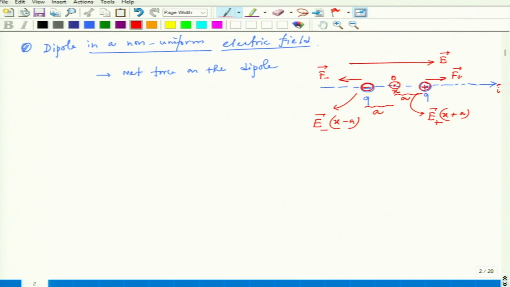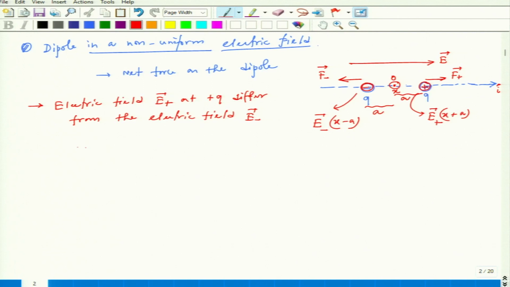Now we see that the electric field vector E plus at the plus q charge differs from the electric field E minus at the minus q charge.